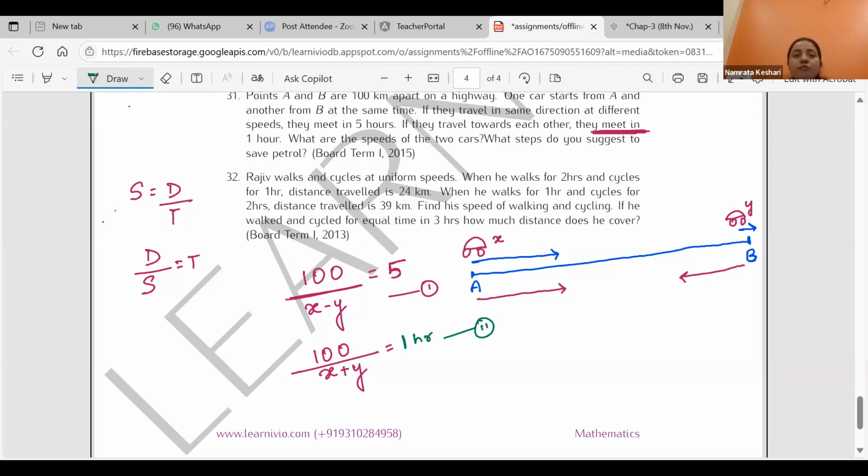This question is from the speed distance time chapter, and I am not sure whether that chapter has been kept in the CBSE curriculum in previous classes 6, 7, or they have removed it. If you have done that particular chapter, then you must have encountered train related questions and car related questions.